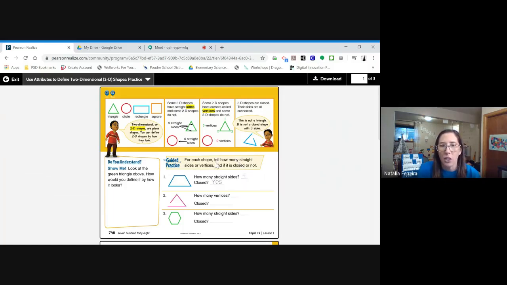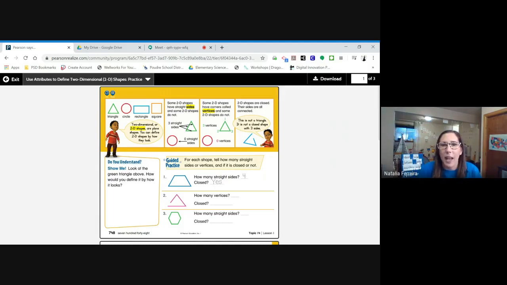Okay, for each shape, tell how many straight sides or vertices, and if it is closed or not. I have my shapes right here. The first shape is called a trapezoid.